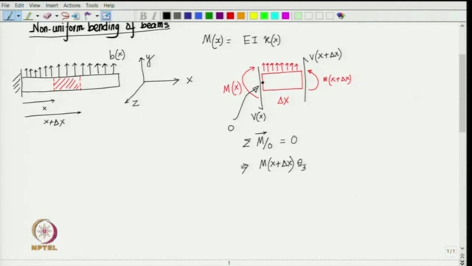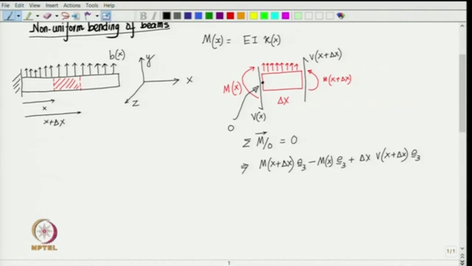Then M of x is clockwise, in the negative z direction, so it comes with minus M of x E3. Then we have the moment due to V of x plus delta x, which is simply plus delta x into V of x plus delta x, also along E3. How about the moment due to V of x? V of x passes through the point O, therefore it does not generate any moment.